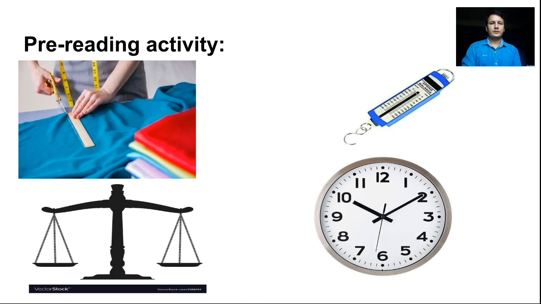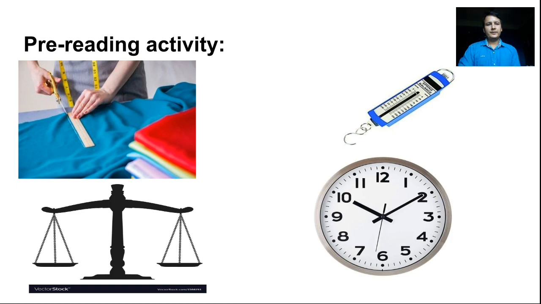First one, a tailor is cutting clothes by taking measurements. So measurement is important. Measurement plays a very important role in his profession. Second picture, it is a spring balance. It is used to measure the weight of any object.